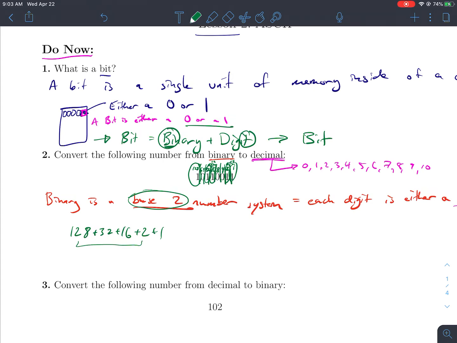So this would be 130 plus 32 is 162 plus 17 is 149, I believe. Or sorry, wow, that's totally wrong. Let me redo that. 128 plus 2 is 130. Plus 32 is 162. Plus 17 is 179. All right, hopefully I got that right. You guys can let me know if I didn't.